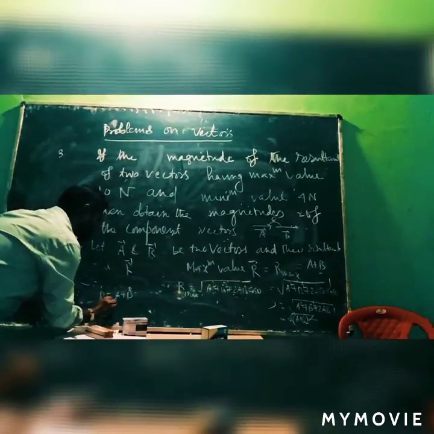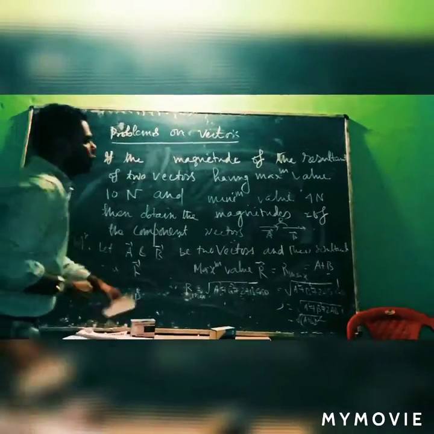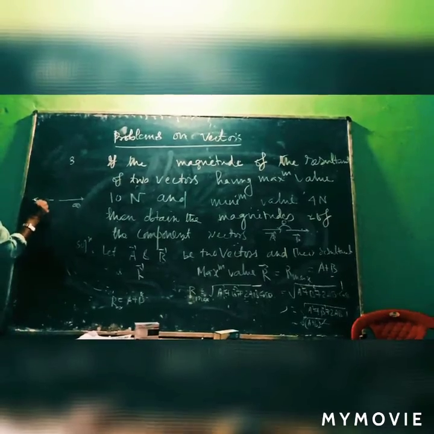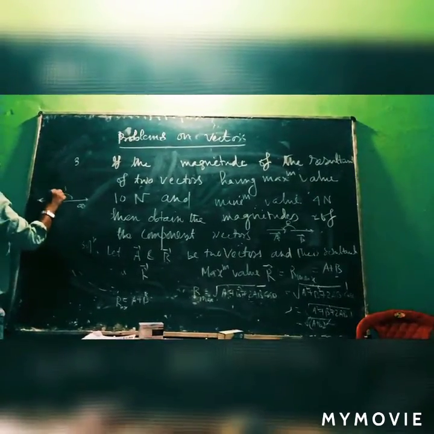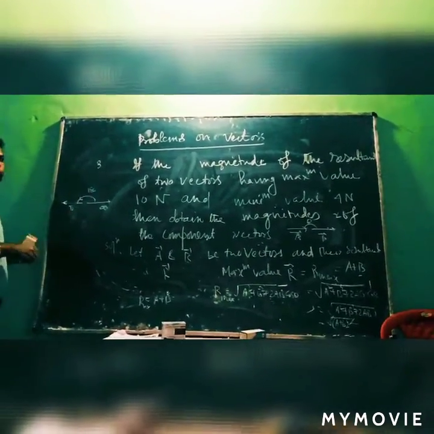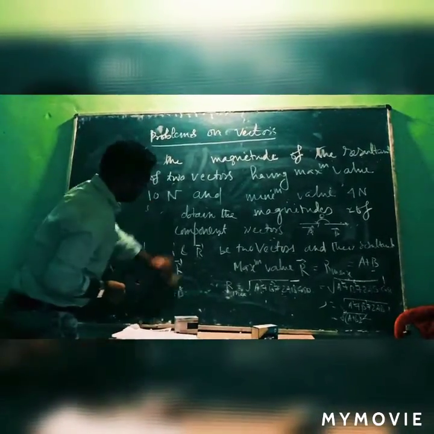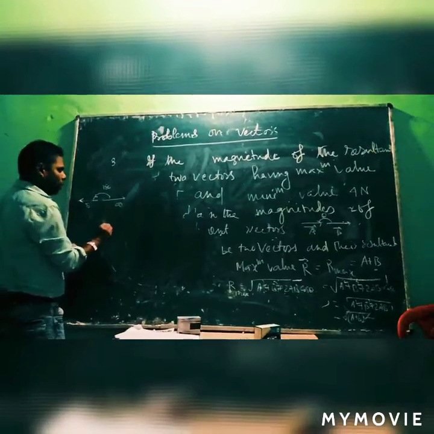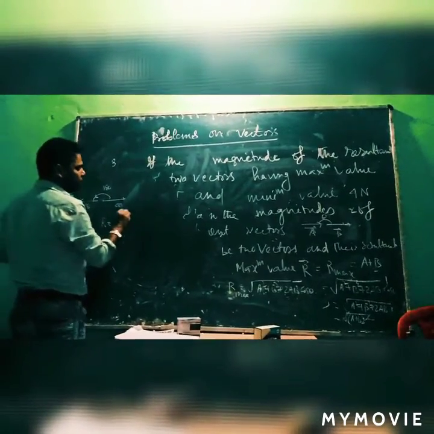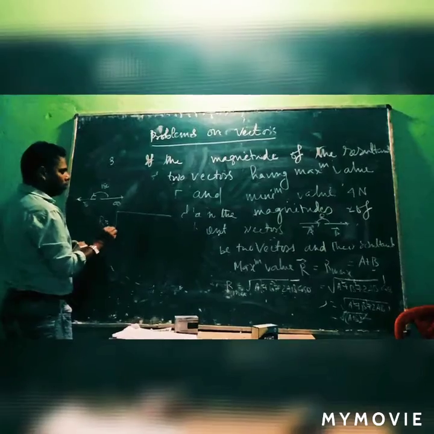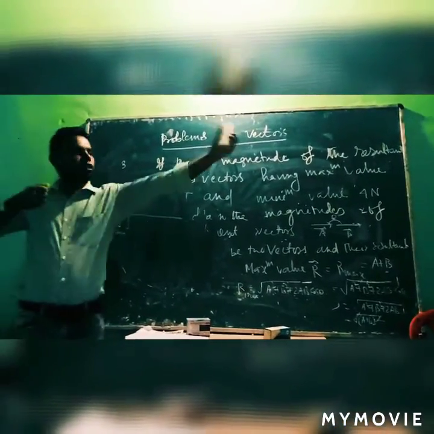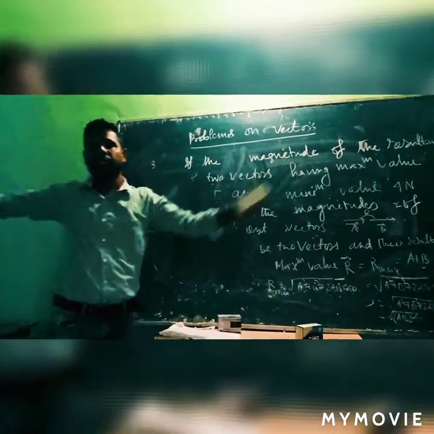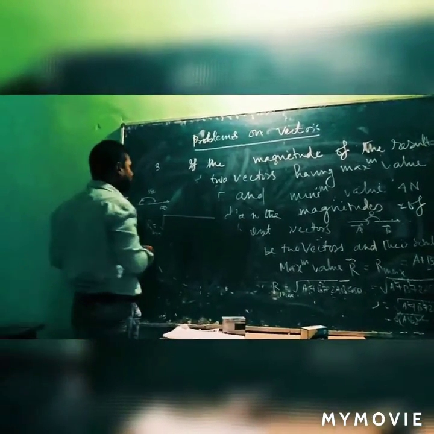Similarly, when they act in the opposite direction, the angle between these two is 180 degrees. Now we have to put the value of theta as 180 when we deal with the minimum value. Suppose 16 and 24 act in the opposite direction, that will be cancelled. So that will be the minimum value of the resultant of two vectors.